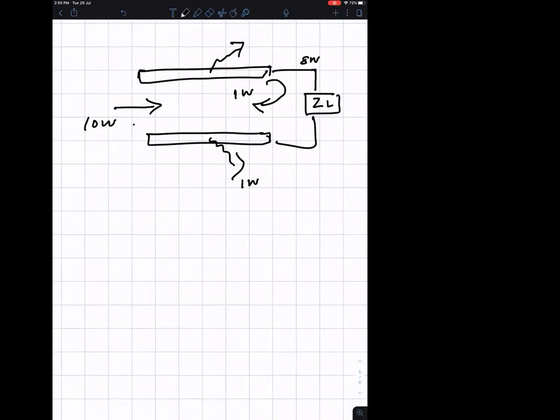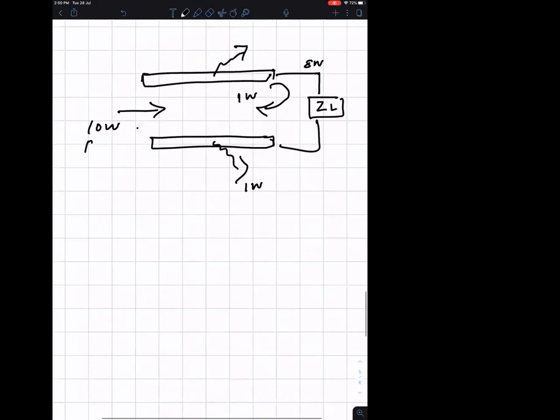You have maximum power going in. The only way all this power, P max, can reach the load is if the transmission line is lossless and there are no other reflections.